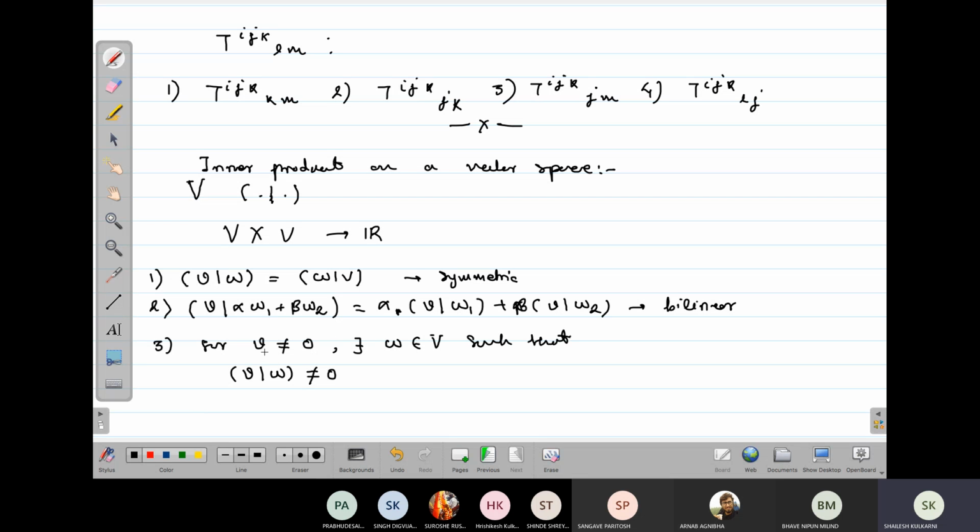So for any non-zero vector, there exists another vector W in V such that V inner product with W is non-zero. So it's called non-degenerate.